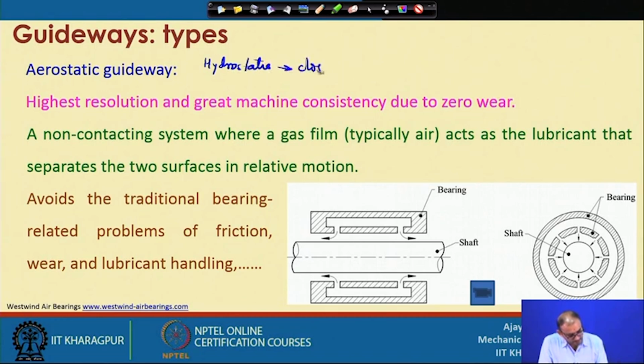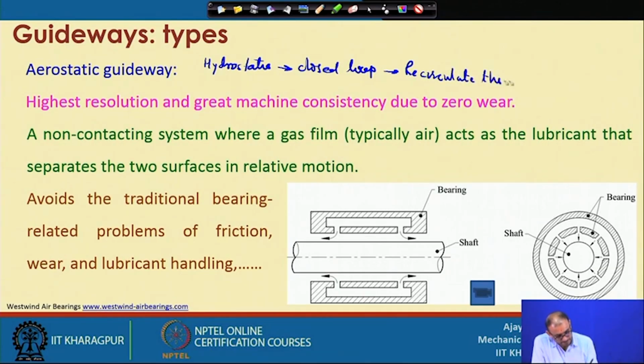That means you have to recirculate the fluid. Here we are not worried about collecting the air again. Whatever air is coming from this particular bushing is going to disperse in the atmosphere, right.